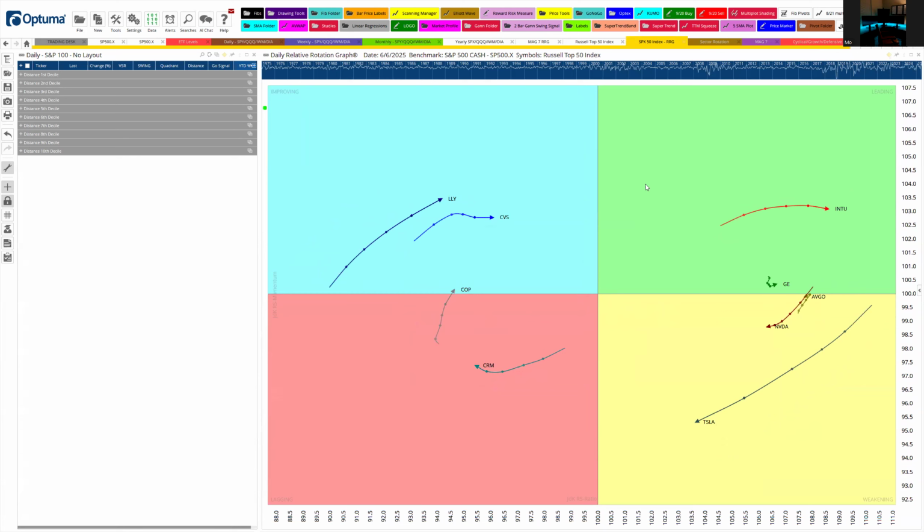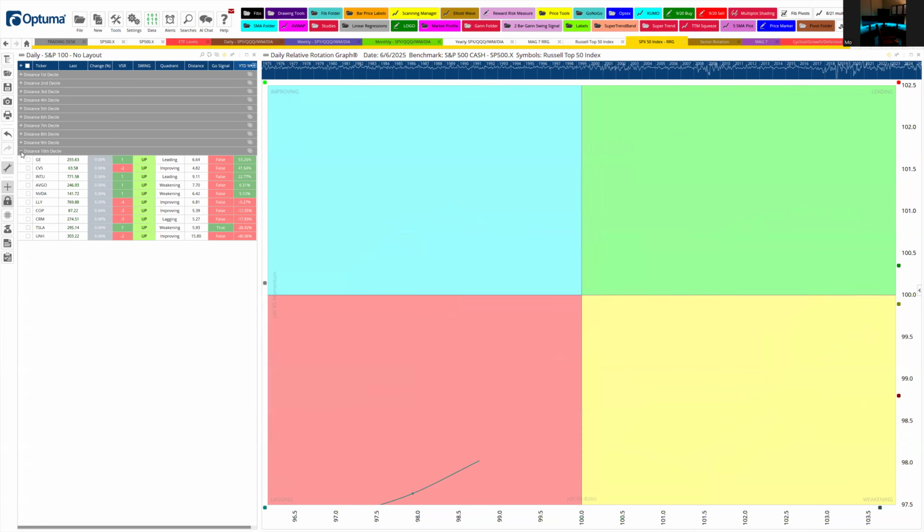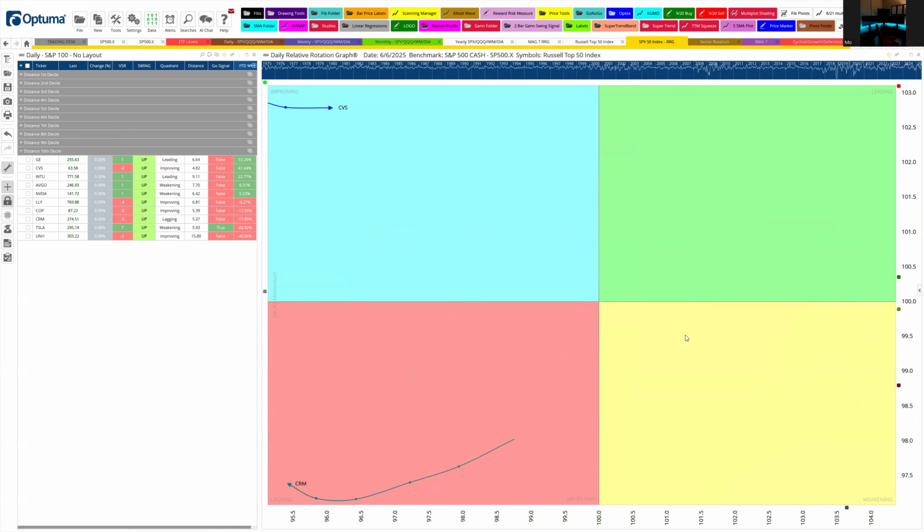All these stocks are circling around the benchmark. That's where we have weakening, lagging, improving, and leading. So by distance, the 10th decile means these are the stocks that are the furthest away from the benchmark.